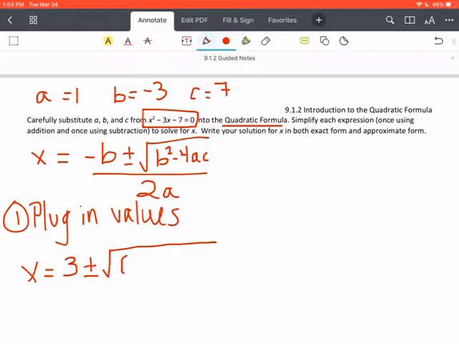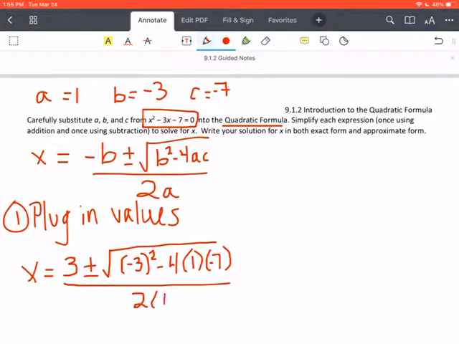Always put b in parentheses, because what happens when we square a negative? If we don't put it in parentheses, our calculator doesn't give us the right value. Minus 4 times my A is 1 times my C is 7. Sorry, good thing I caught this. It should be negative 7. Make sure to make that correction on your paper. All over 2 times 1. So that is our first step.